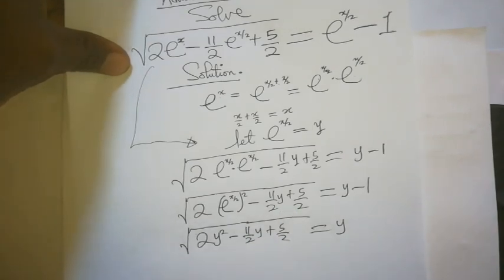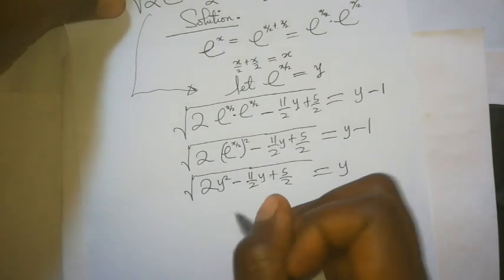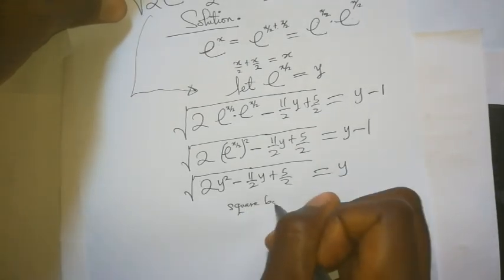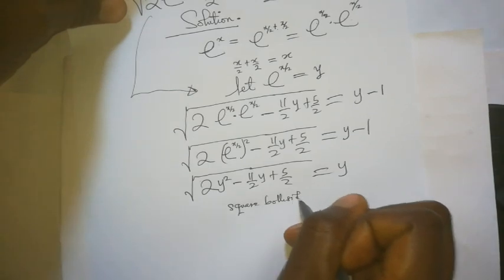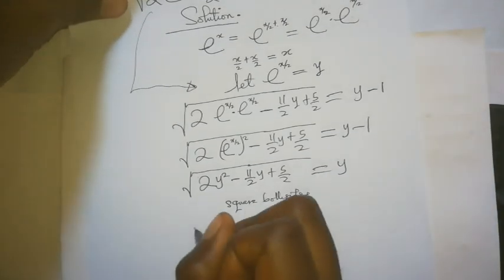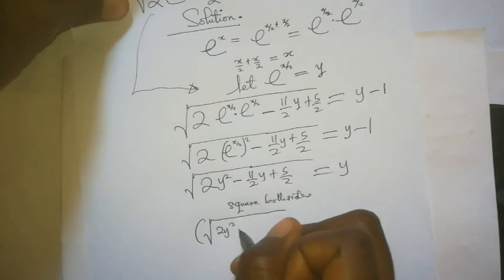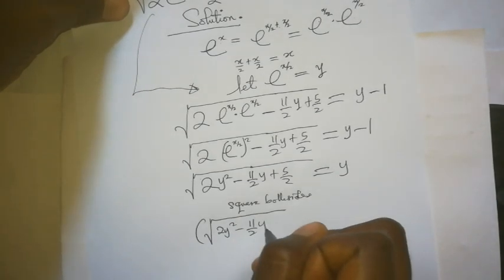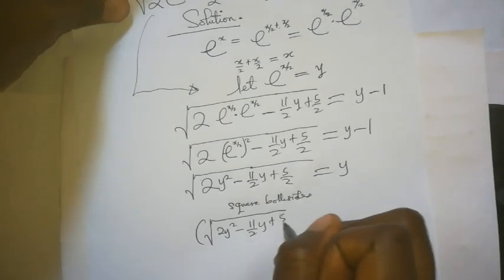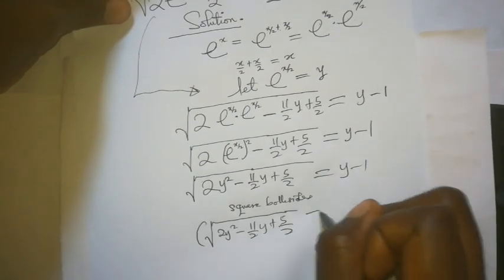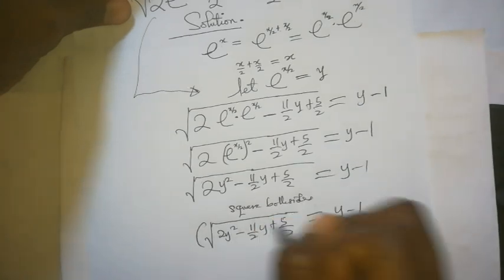To do away with the square root, let's take the square of both sides. We are squaring both sides, so we have the square root of 2y square minus 11 over 2y plus 5 over 2, we have 1 here, is equal to y minus 1.